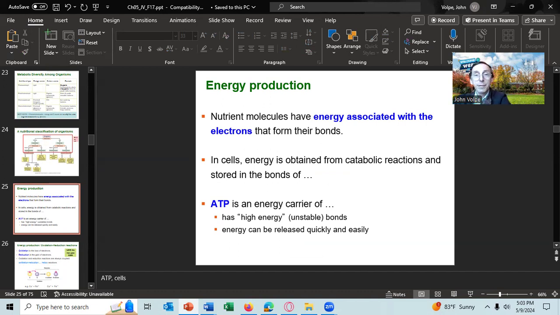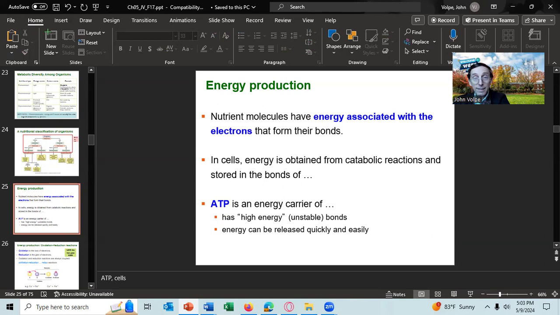So in energy production, nutrient molecules have energy associated with the electrons that form the chemical bonds in the molecules. In cells, energy is obtained from catabolic reactions, and that energy is stored in the bonds of ATP.